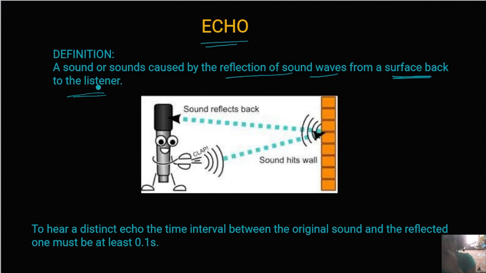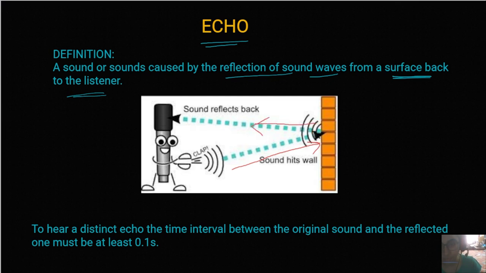Okay. So suppose you are standing in front of a huge wall and you are clapping. So when that happens, as you can see, the sound is traveling to the wall, and it is getting reflected by an equal angle.